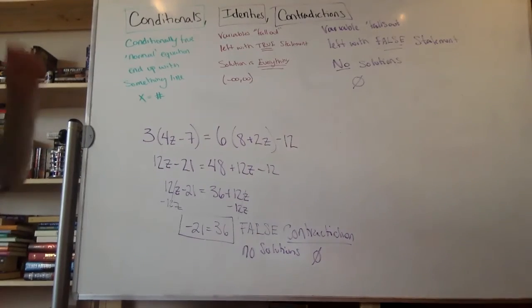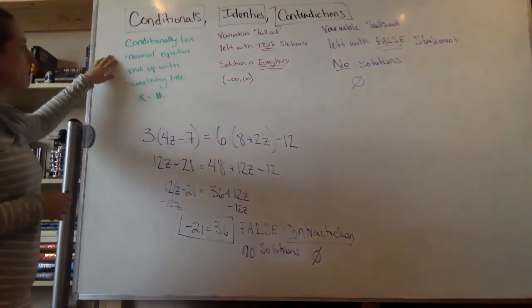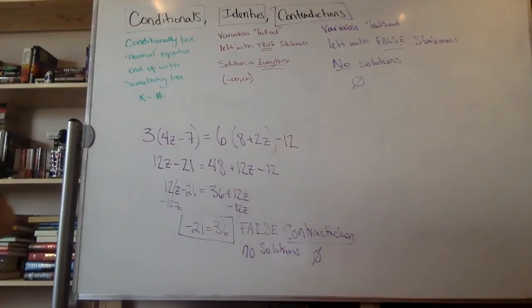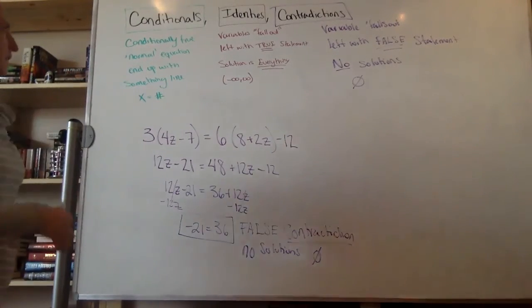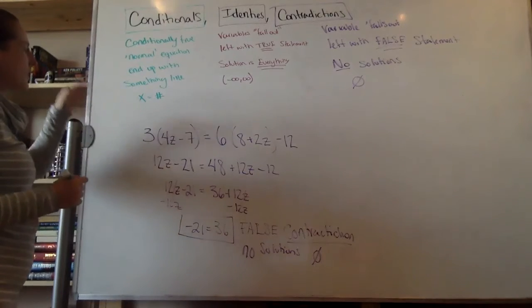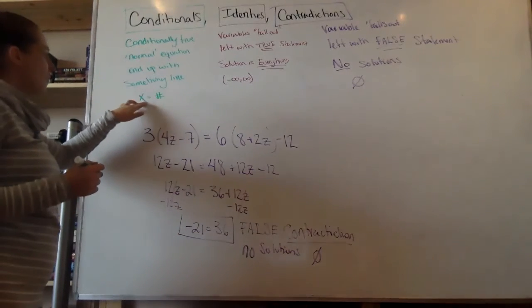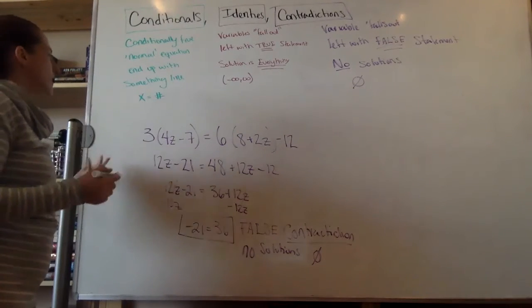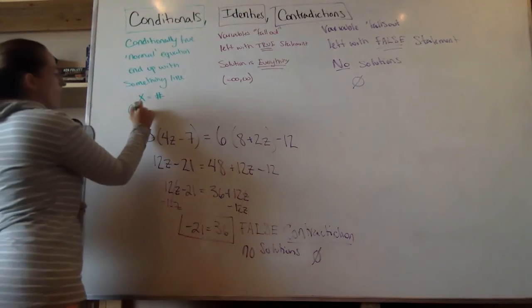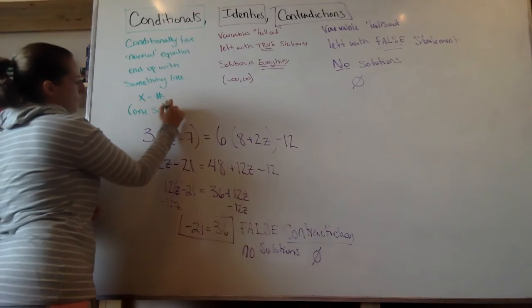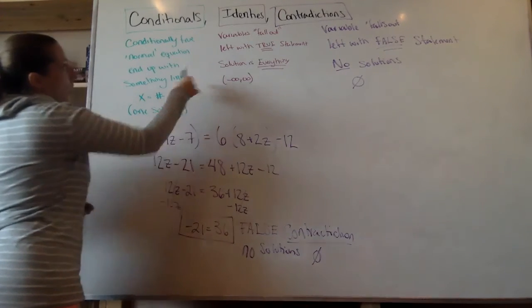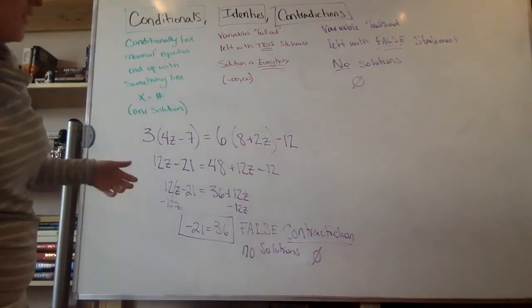All right. So now I've summed up what we know about all three of these. Conditionals, these are kind of the normal type of equation that you've probably seen most frequently in the past. When we go through solving them, we end up with an answer like our variable, say x, equals a number. Okay? In other words, these have one solution. Identities, our variable falls out, right?